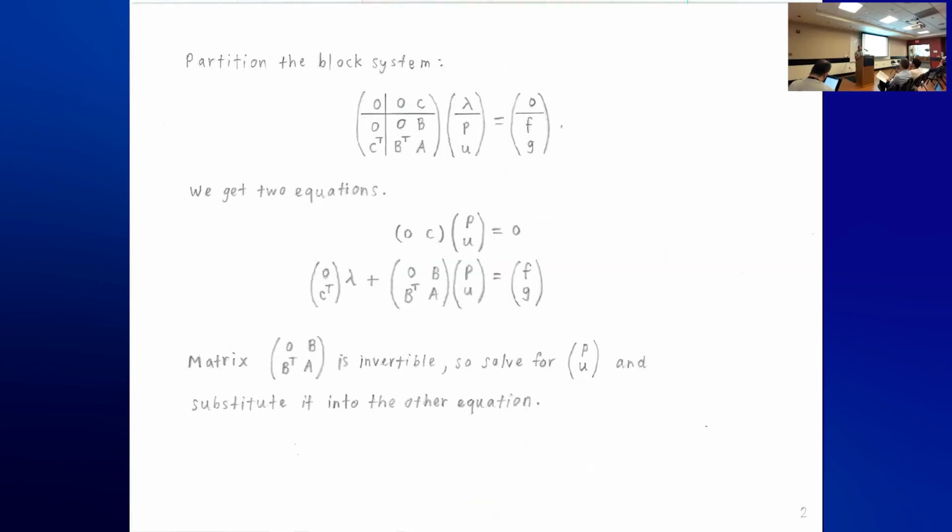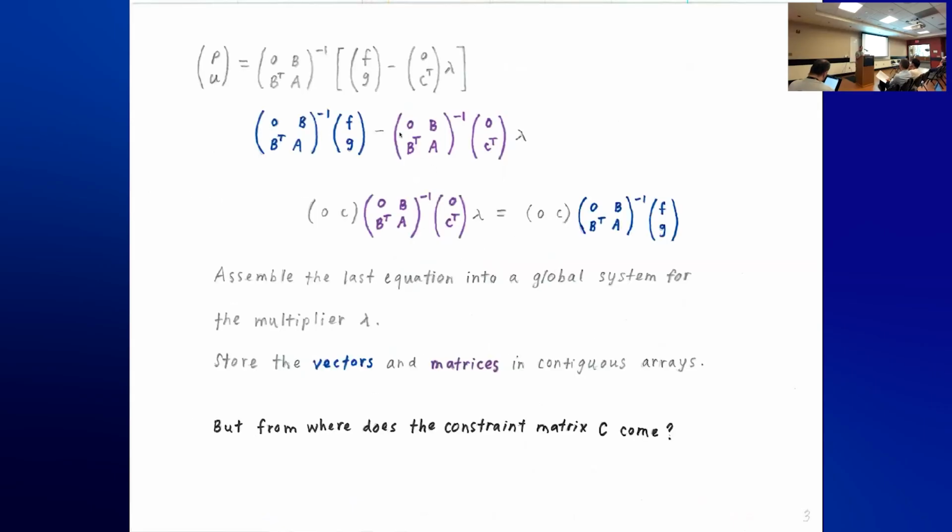Okay, so next we partition the block system like this. We get two equations. This matrix is invertible, so you can solve for PU and then substitute it into this equation. We solve for PU, and there should be an equal sign here.